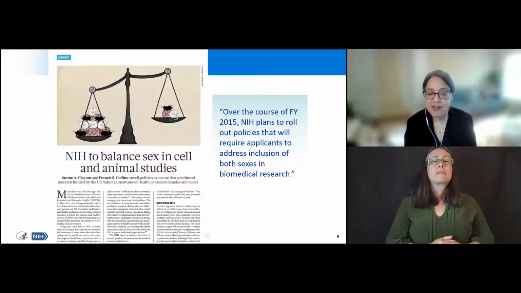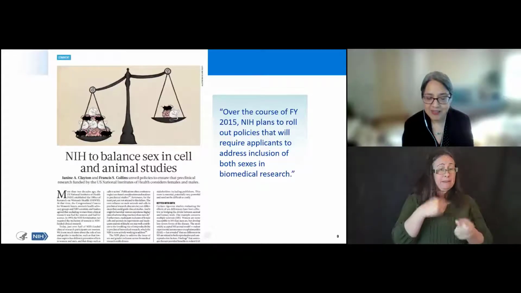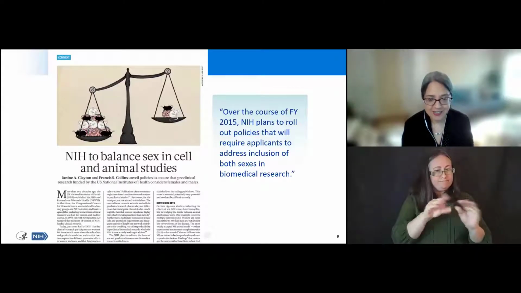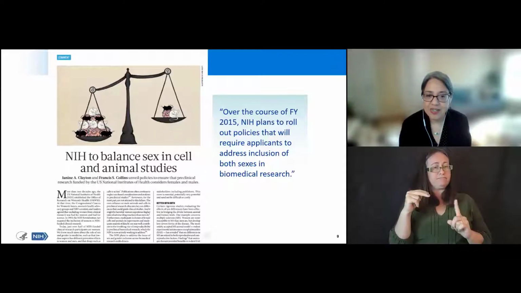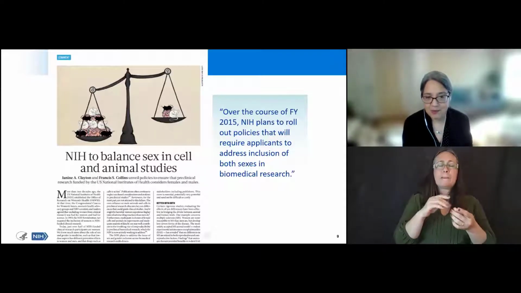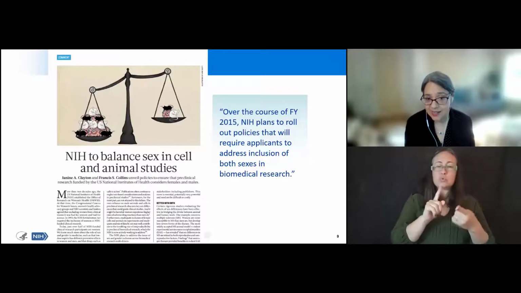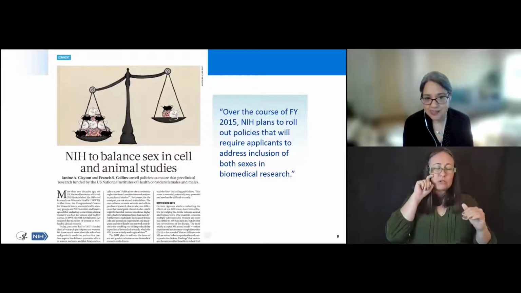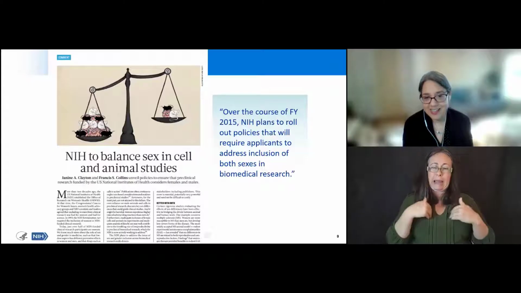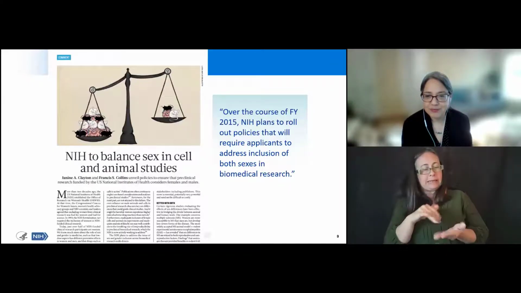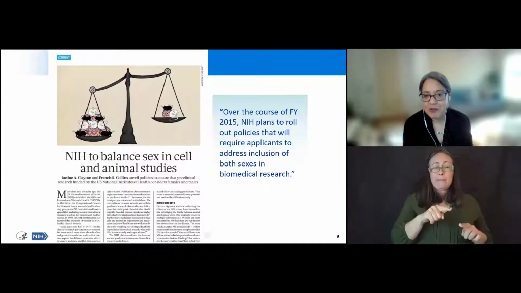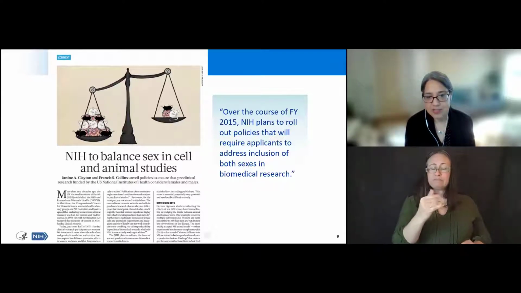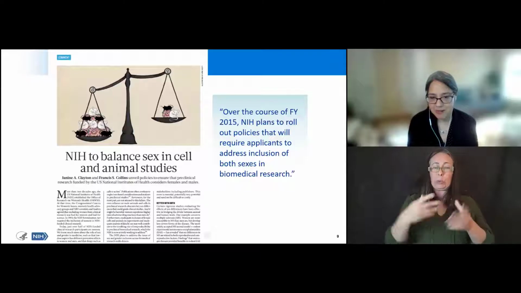In that same year, another paper came out. This was an NIH perspective telling the community that we were planning to make updates to grant applications to balance sex in animal studies, and really in all studies. Over the course of fiscal year 2015, we rolled out policies that require applications to address inclusion of both sexes in biomedical research.